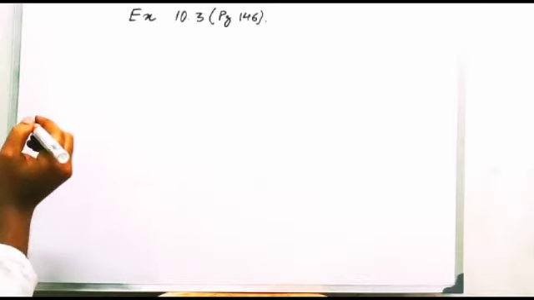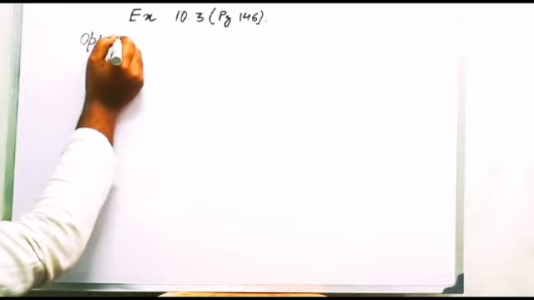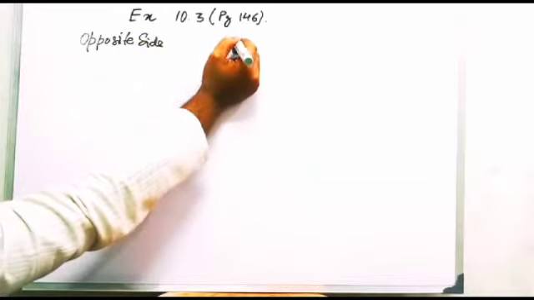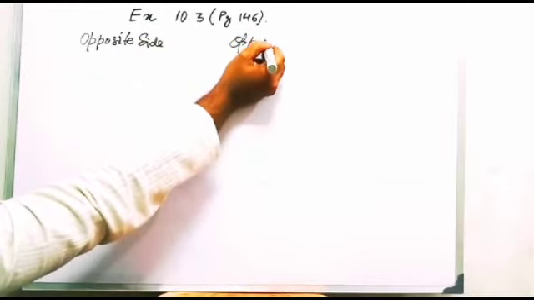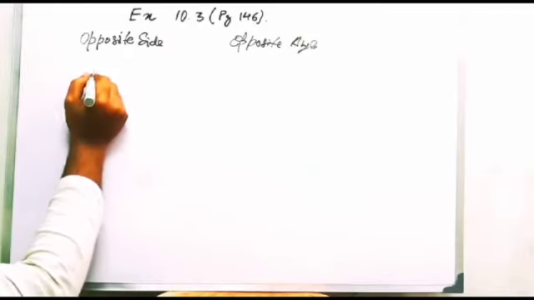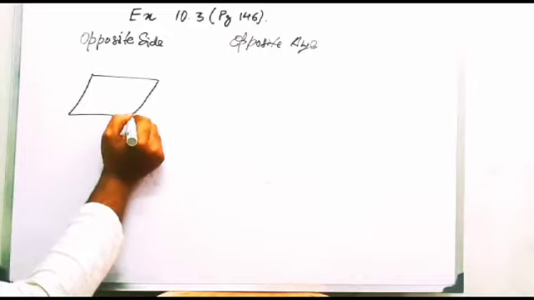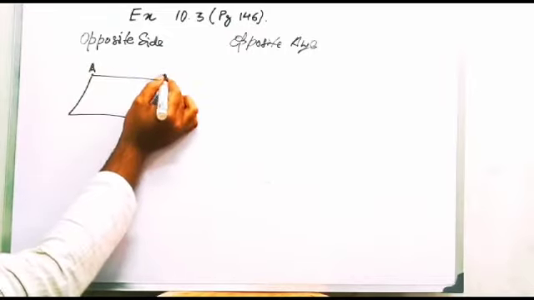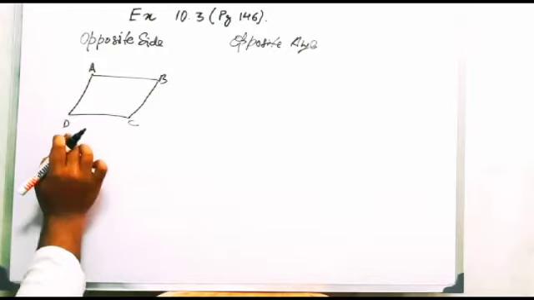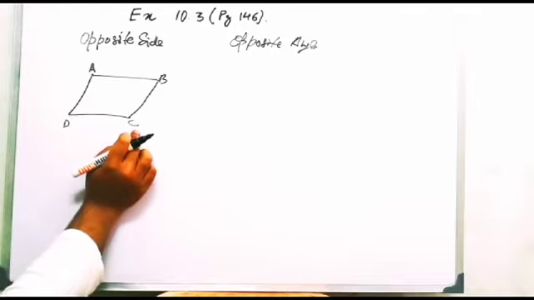Now we will discuss opposite side and opposite angle. So suppose this is a given figure. Okay. A, B, C, D. Here AB is opposite to DC.